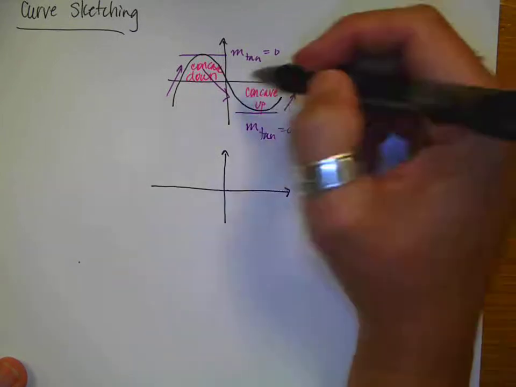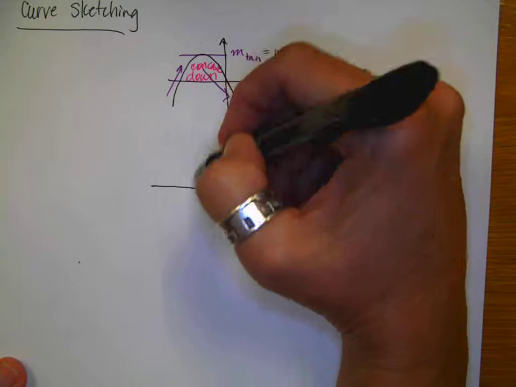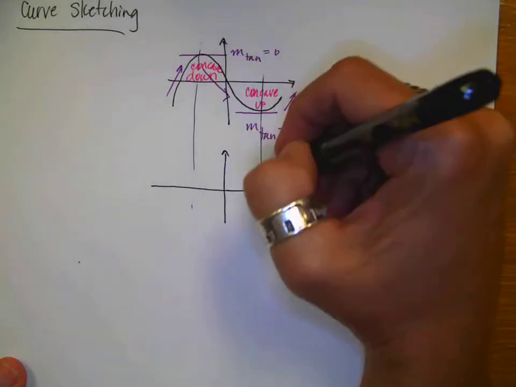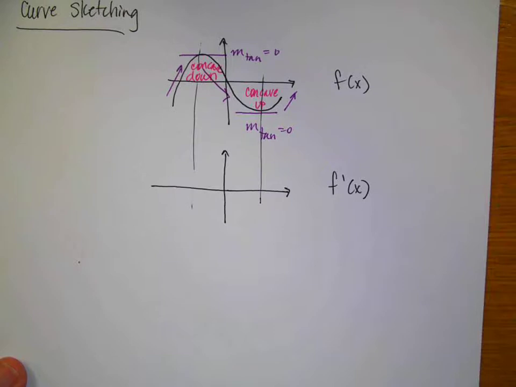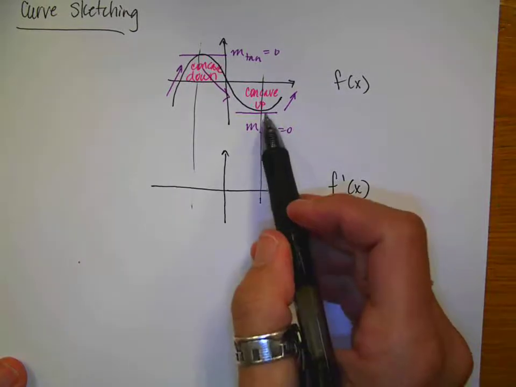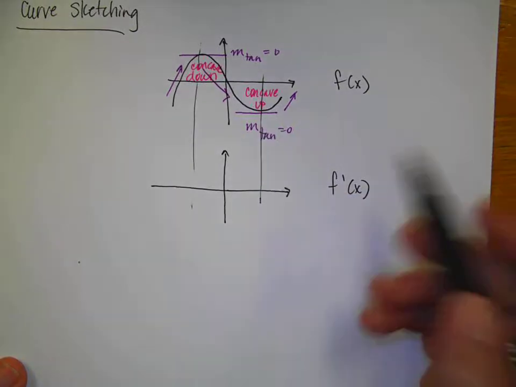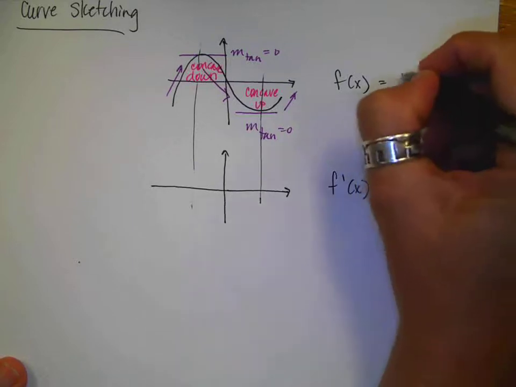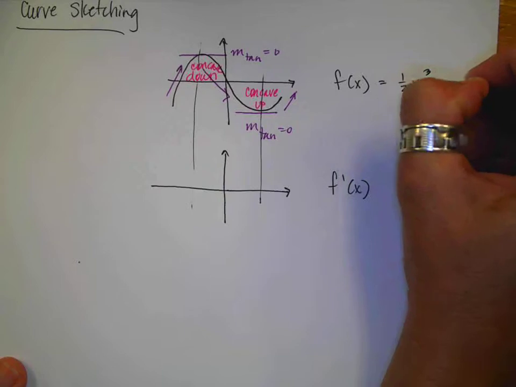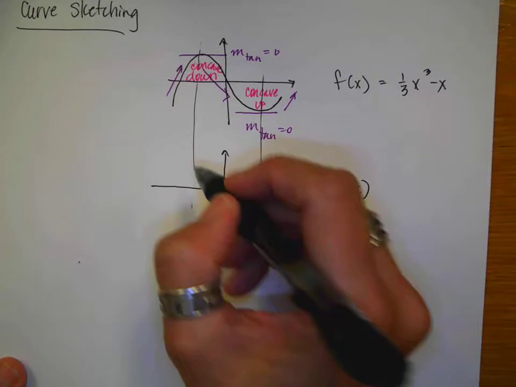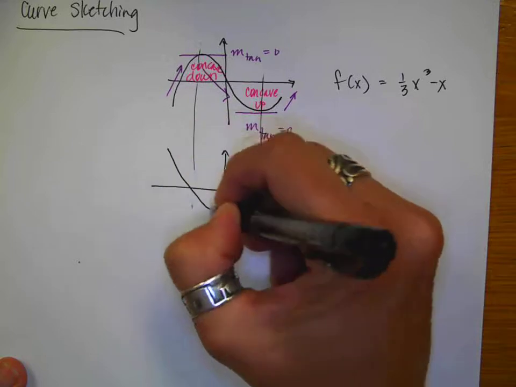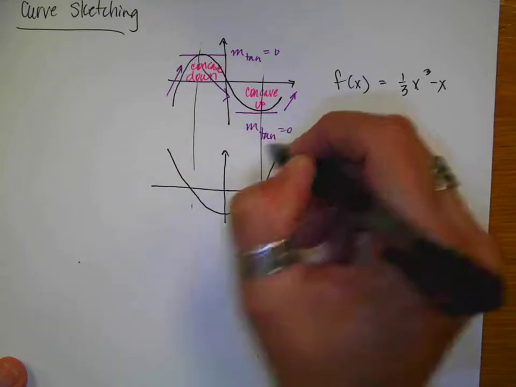So then what I'm going to do is go down to the first derivative, f prime of x, and we're going to transfer these important values down. So I'm going to take that horizontal tangent, and I'm going to take that horizontal tangent. Okay, this is about a third degree, so when I go back to my derivative, it will be a fourth degree. So let's say this is 1/3 x cubed minus x.